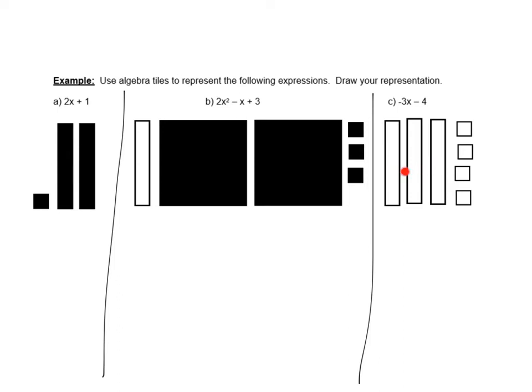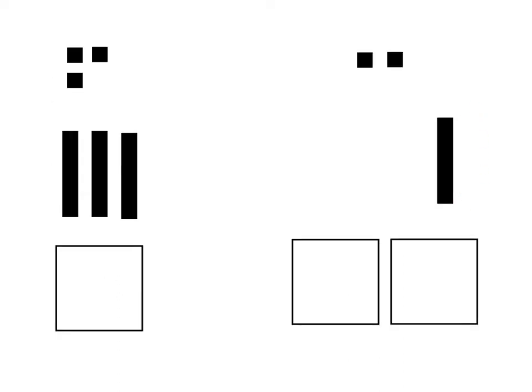Okay, so now I would want to draw your attention to something that has been implied throughout the first couple activities that you've done, and that is that we can only combine like terms. And what that means in terms of the algebra tiles is that we can only put together, combine, shapes that are the same.